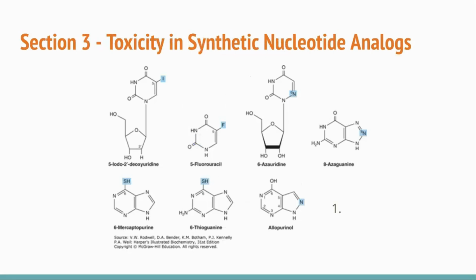In Section 3, we are going to discuss analogs or modified versions of nucleotides that cause harm to the cell by resembling their counterparts closely enough to be accidentally incorporated. Here we can see some common analogs, a few that will be discussed more in depth later.